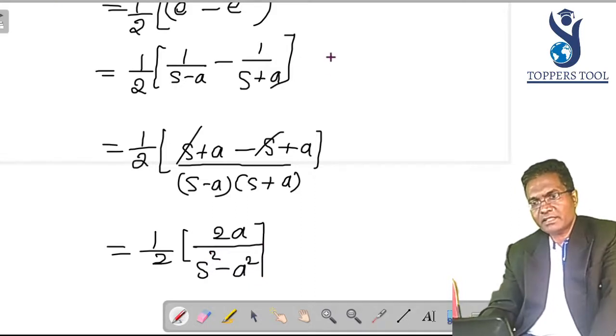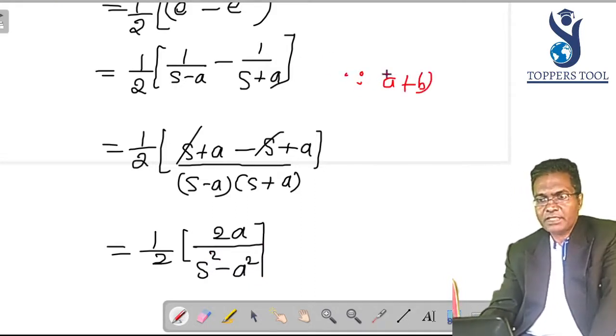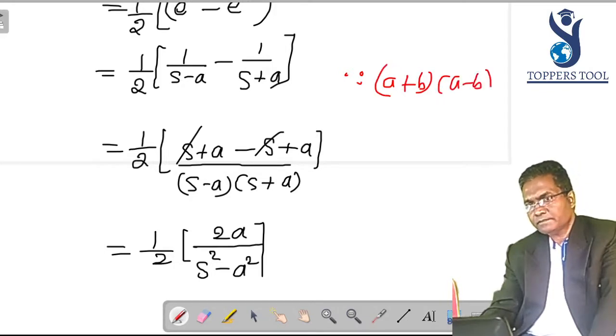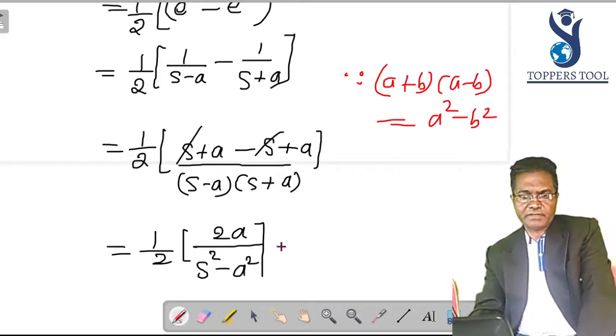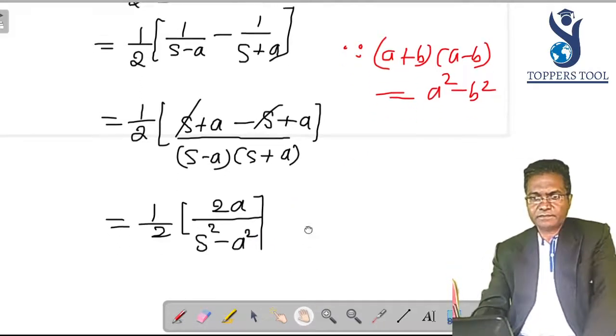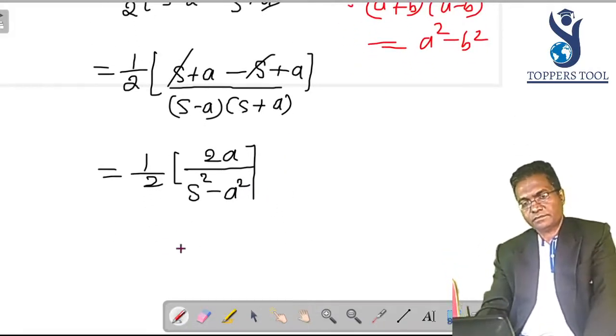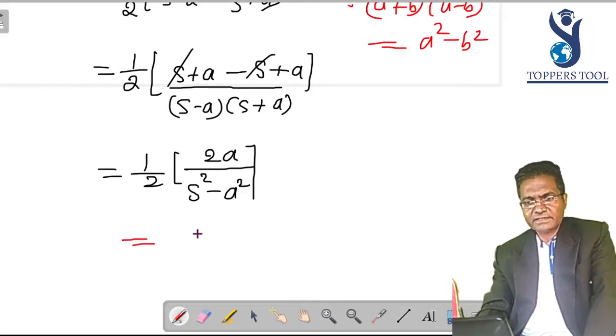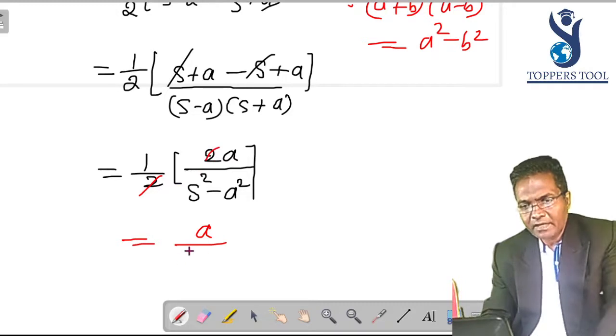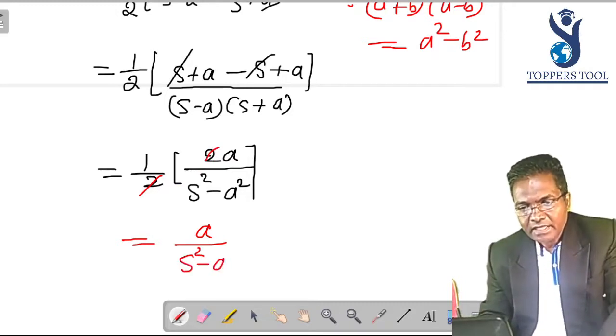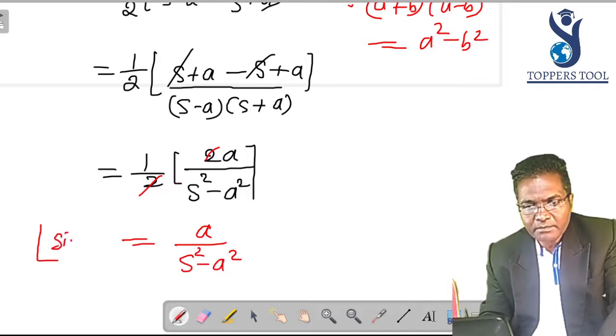Do remember this: a plus b into a minus b is a square minus b square. Okay, we have used that. So 2 cancels. So a by s square minus a square. So this is the Laplace transform of sine hyperbolic at.